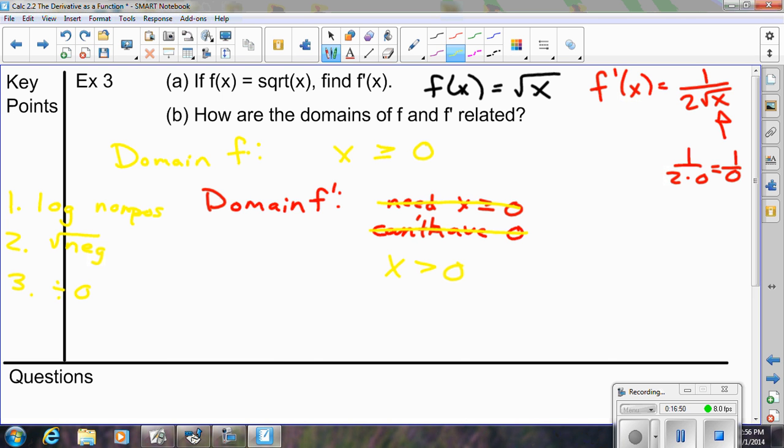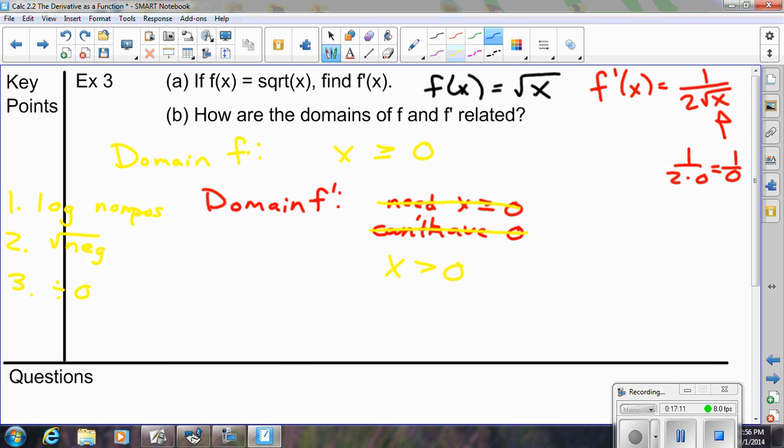Please notice, the domains are not the same. With many functions, especially polynomials, the domain of a function and the domain of its derivative will be the same, but not always.